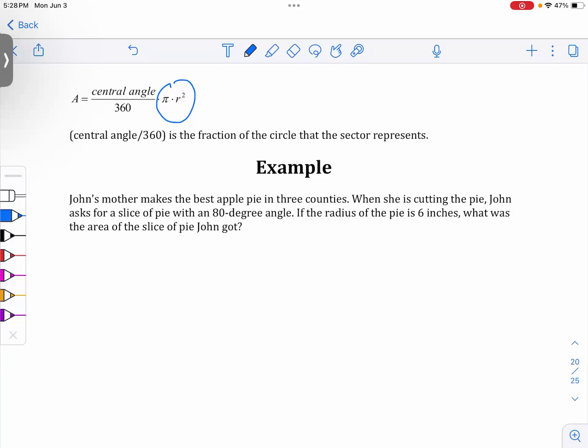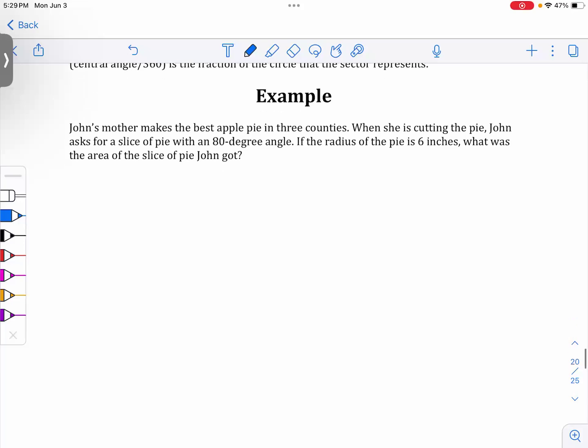So, example: John's mother makes the best slice of pie in 3 counties. When she is cutting the pie, John asks for a slice with an 80-degree angle, like we all do. If the radius of the pie is 6 inches, what was the area of the slice of the pie that John got?